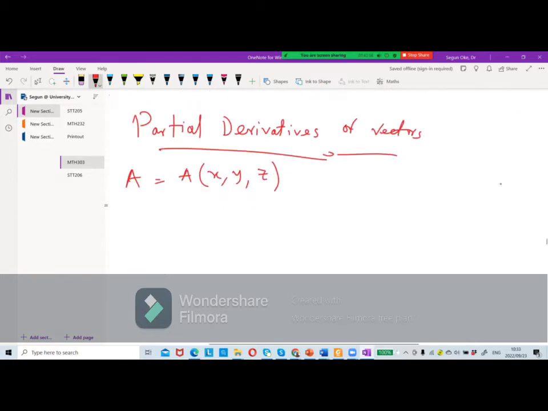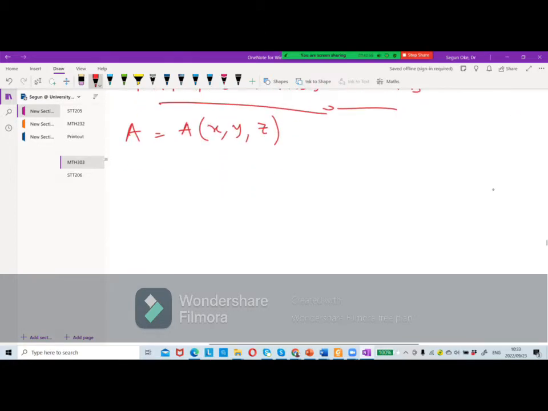Now for us to write this in partial derivative, we all know the sign: the partial derivative with respect to x. Now I want to differentiate x alone.